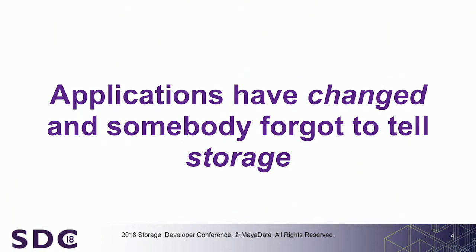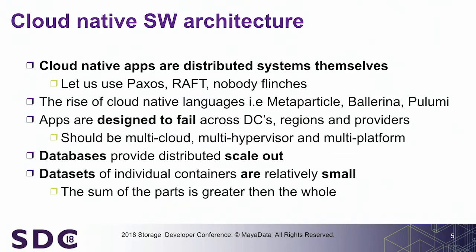So let's look a little bit into these things that have changed. I could put a huge list on this, but one of the most important things is that cloud-native applications are distributed systems themselves. They are not afraid to use distributed algorithms like Paxos or Raft. Nobody flinches if they use these protocols in the core of their applications.